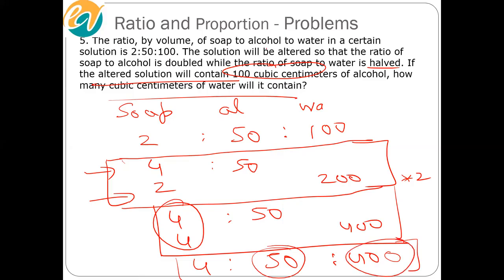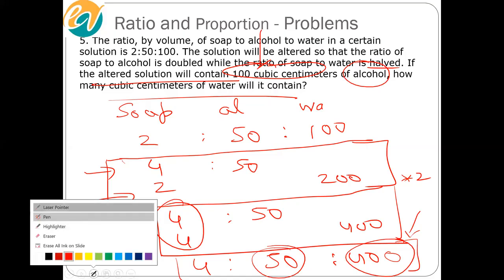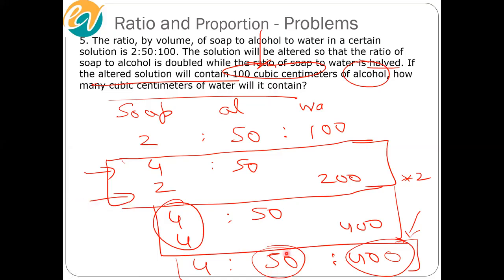If it is 100 cubic centimeters of alcohol, how much will be the water? 800. Just multiply by 2. For 50 cubic centimeters of alcohol, we have 400 cubic centimeters of water. So for 100 cubic centimeters of alcohol, we would have 800 cubic centimeters of water.